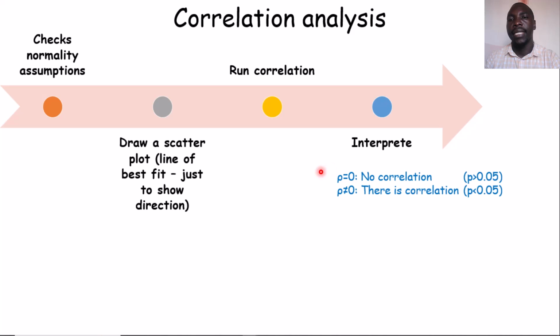So we reject the null which says there is no correlation. In other words, there is a relationship between price and sales of cars. If the p-value was above 0.05, then we would fail to reject the null which says there is no correlation. In other words, it would be true that there is no correlation.